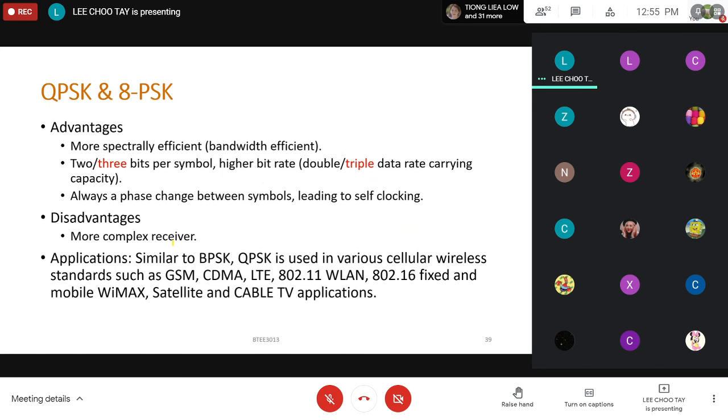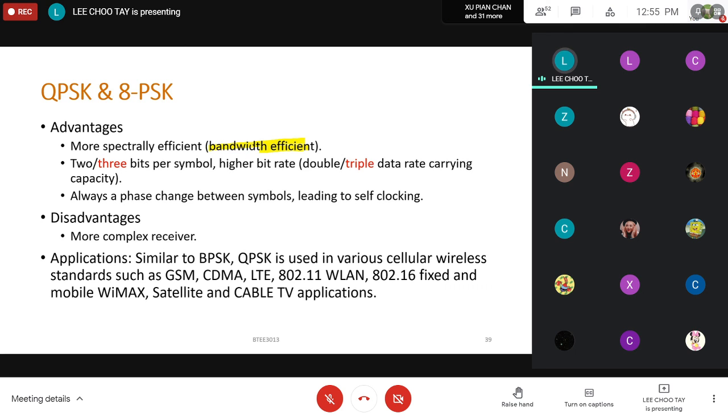Okay. Then comparing QPSK and 8PSK with BPSK, QPSK and 8PSK are more bandwidth efficient, because using the same carrier signal, we can send more bits.